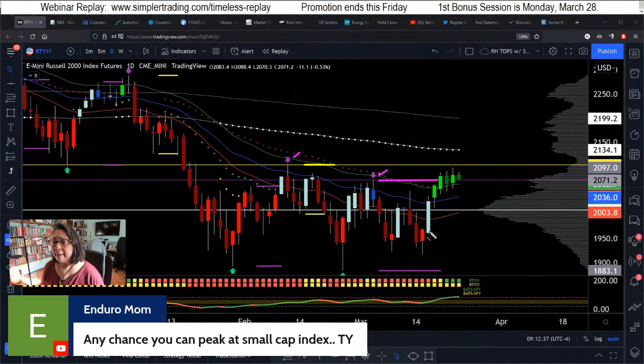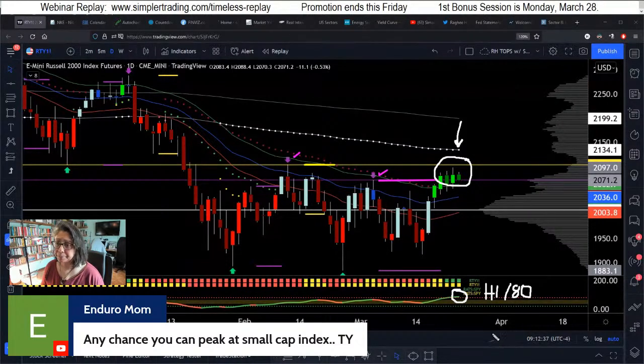Okay, so we're in the zone, and then take a look. Enduromom zone, bearish expectation south of the equator. Overbought slow stochastic. We're at the high or the 80 level, right? So this is where I'd be looking at the market to sink back down into the range.